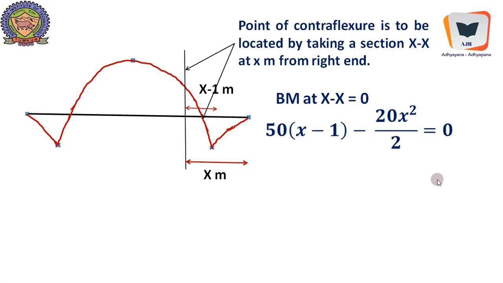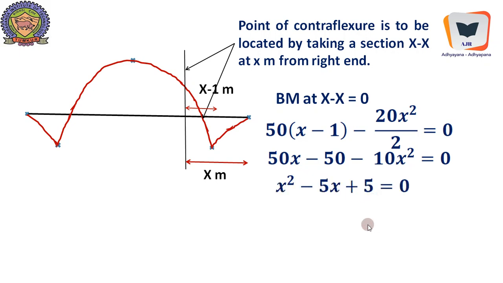Therefore it happens to be 20x squared by 2. So if you simplify this equation, it is 50x minus 50 minus 10x squared, and if you organize this equation in such a way that x squared will come to the front, first term, therefore it looks like a quadratic equation of ax squared plus bx plus c form.